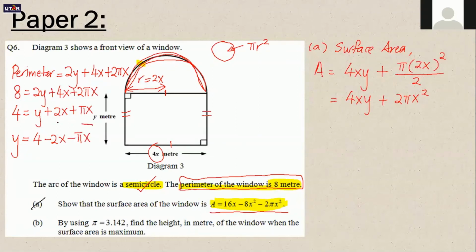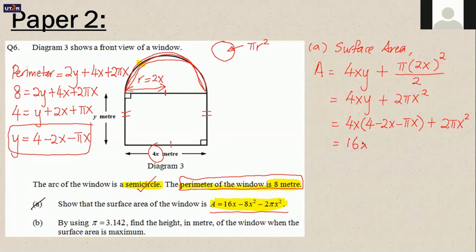Substitute this into the question, because I don't want the answer in terms of y, I want the answer in terms of x. So y will be 4 minus 2x minus pi x here, and plus 2 pi x. Expand it and simplify it.